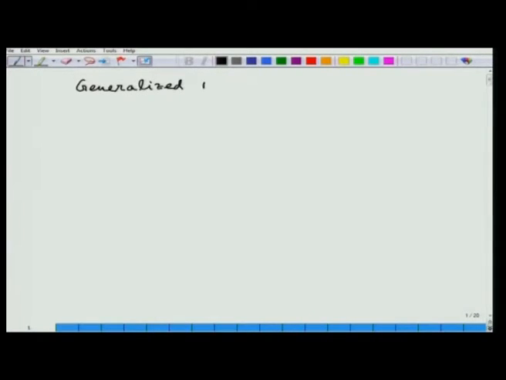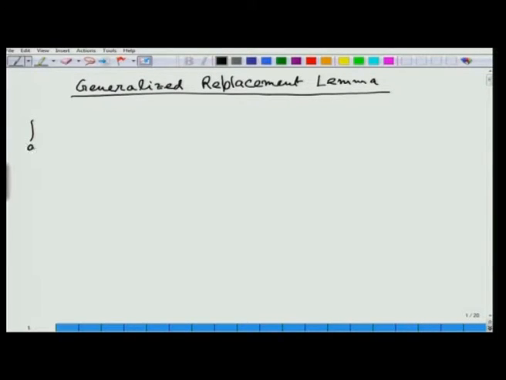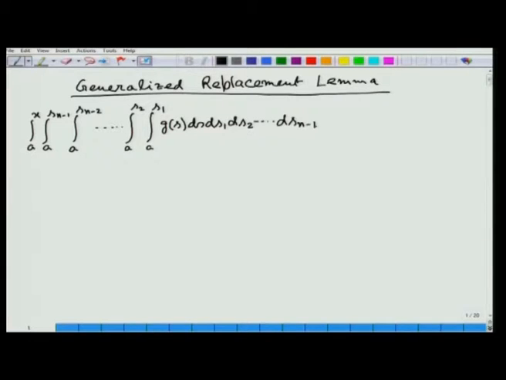Generalized replacement lemma. In terms of mathematical notation, this is the integral from a to x, a to s_{n-1}, integral a to s_{n-2}, up to a to s_2, integral a to s_1, g(s) ds, ds_1, ds_2, up to ds_{n-1}.